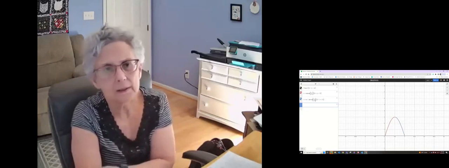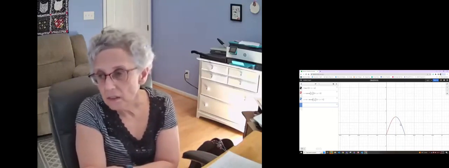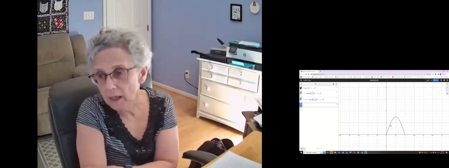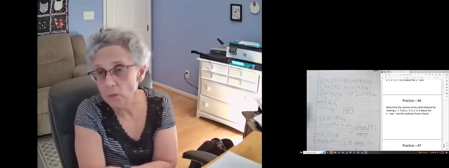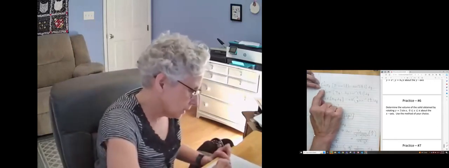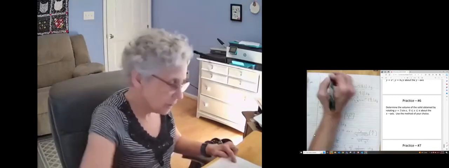Leave it a sine. So this would be the right hand side of my height. This would be the left hand side of my height. And my radius is just equal to y. So I have the integral from 0 to 3, 2 pi y. There's my radius.